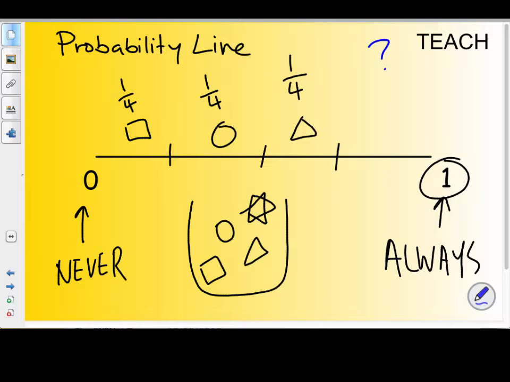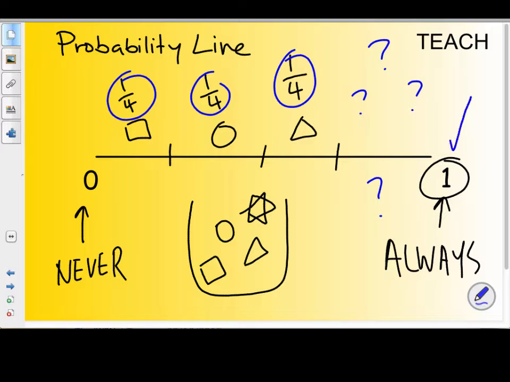Hey guys, what will this value be here? If you know that all the values in a chance experiment, when you add them together, equal 1, then what's this value going to be? The value for the star. What's the missing value?